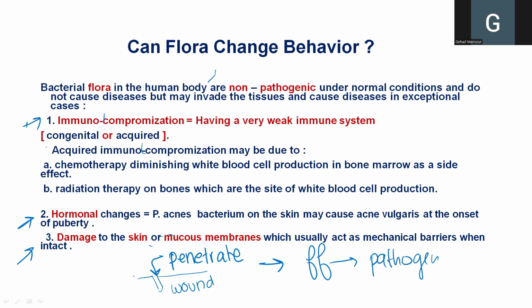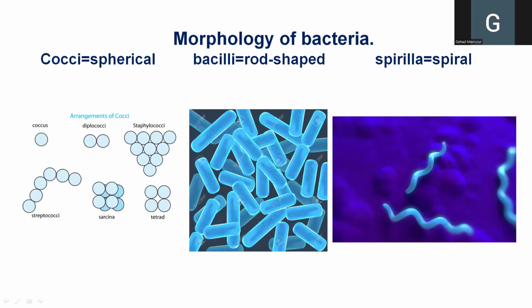For example, Staph aureus, which is normally on the skin, can penetrate this wound and become pathogenic and cause penetration and inflammation, and at the end of the day, pus and a purulent discharge. So flora can become pathogenic. So some pathogens were originally friendly flora.